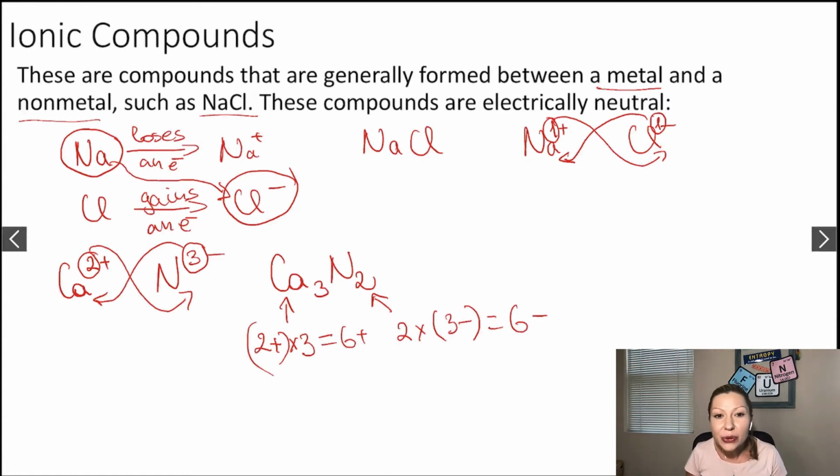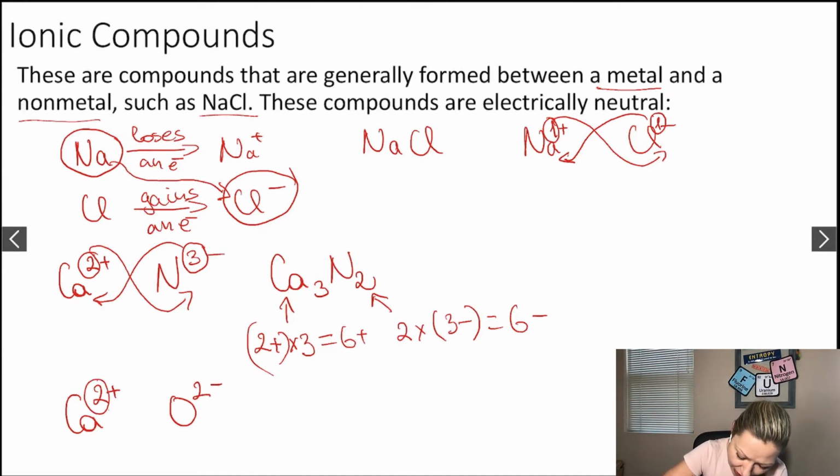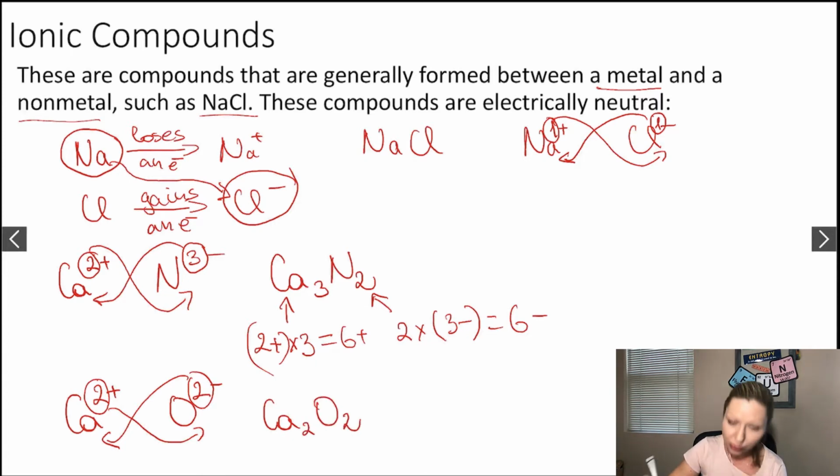Let me give you another example. Let's say we have calcium again. Calcium is 2+, and the oxide ion, which is 2-. Okay, so I would take the 2 here and the 2 there. And what I end up with is Ca2O2.